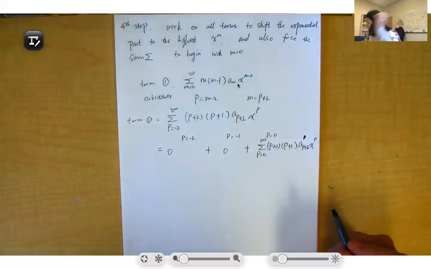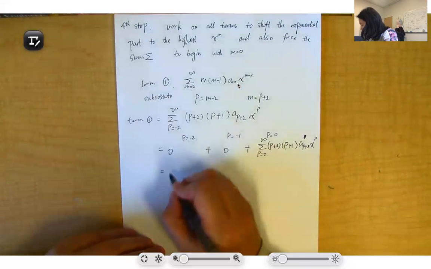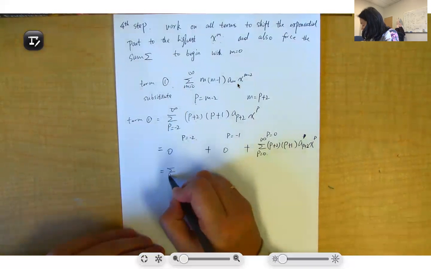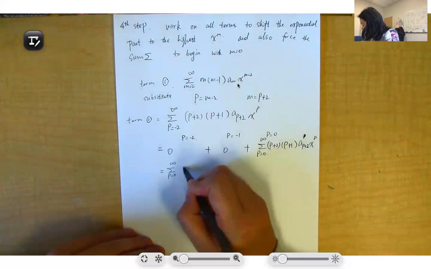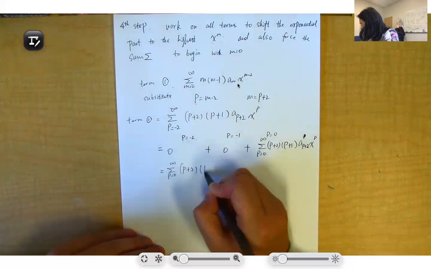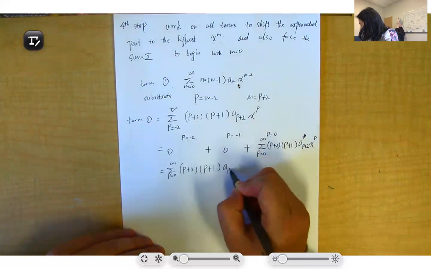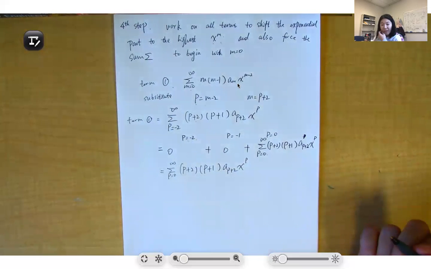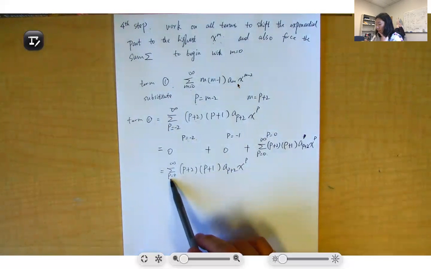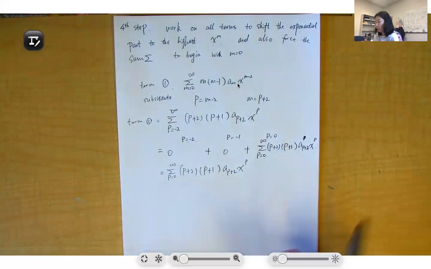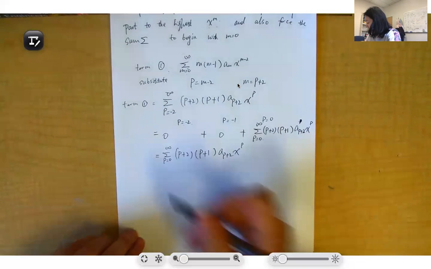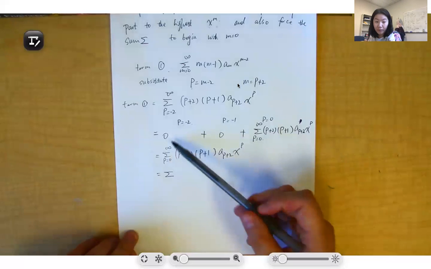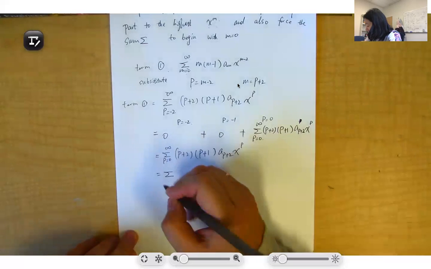Then what we get? The sum from minus 2 to infinity is actually the sum from 0 to infinity of p plus 2, p plus 1, a p plus 2, x to the p. We can just go back to our term where we just need integers from 0 to infinity. We can replace p by m again.